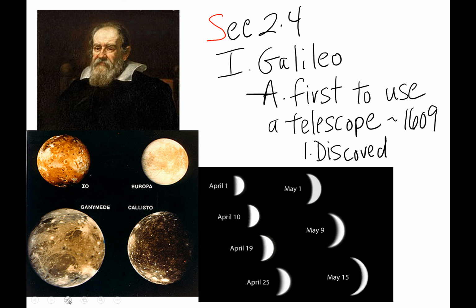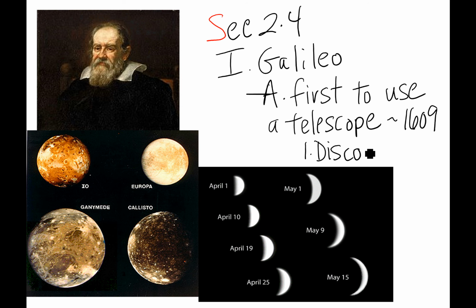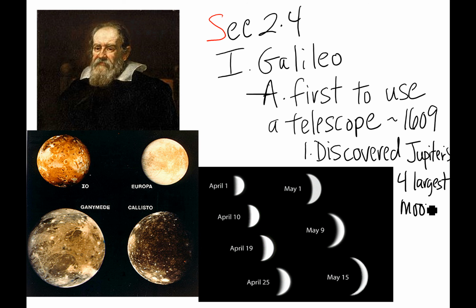Let me fix that. He discovered, go back to my pen. I'll get it right here. The Galilean moons of Jupiter. They weren't called that, of course, until he discovered them. He discovered Jupiter's 4 largest moons.